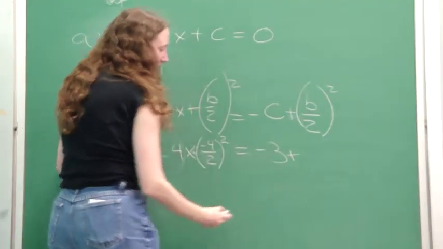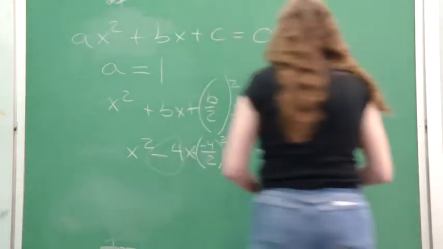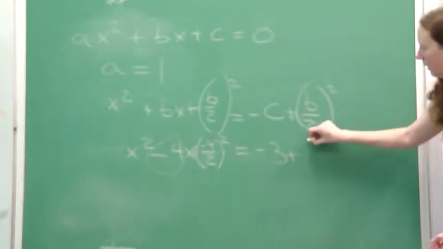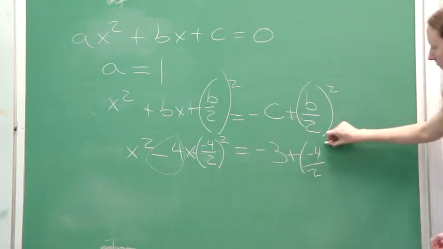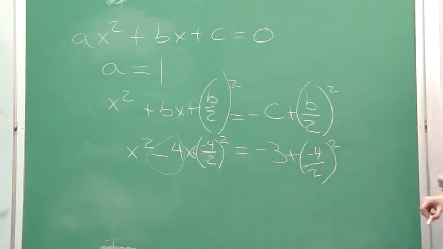Over on this side, since I added here, I have to add over here. So adding, open parentheses, negative 4 over 2, close parentheses, and square that.